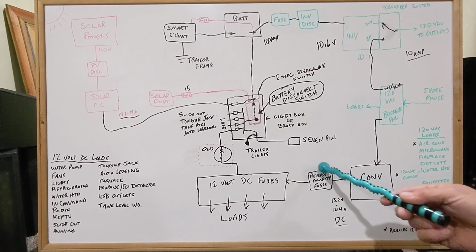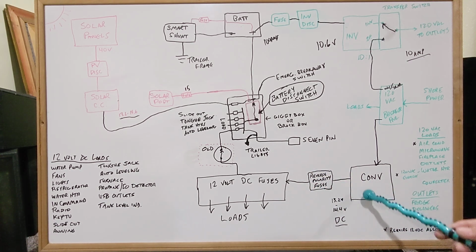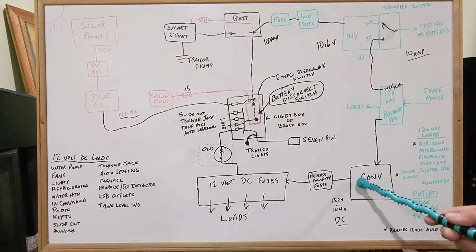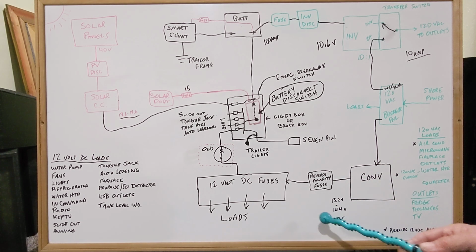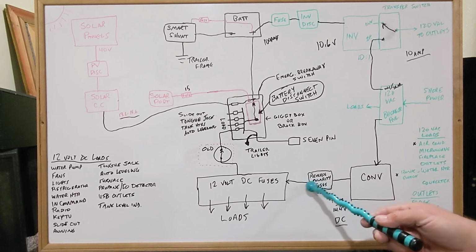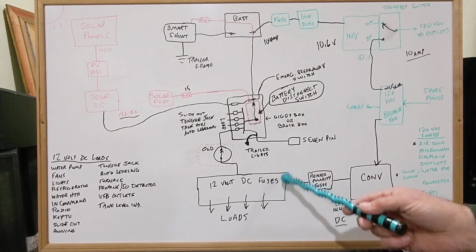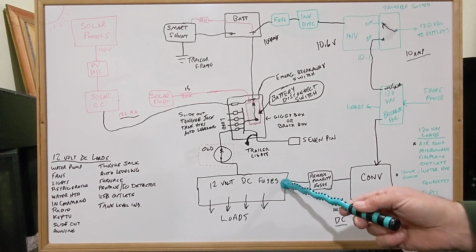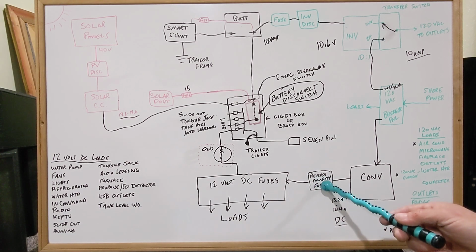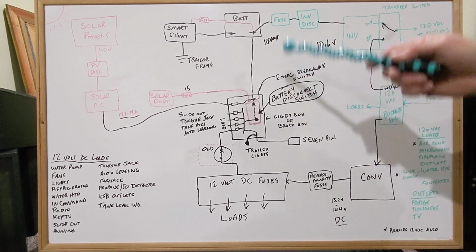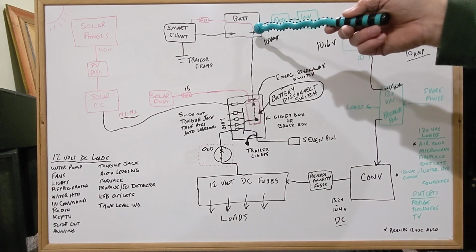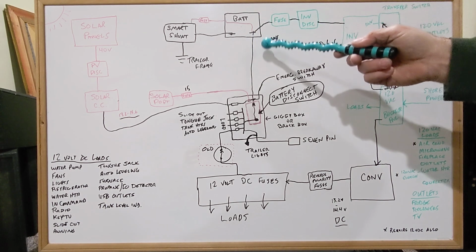And it goes through some reverse polarity fuses. On the 50 amp trailers with the separate converter, those fuses are right on the converter. On the 30 amp trailers, those reverse polarity fuses are on the fuse panel, 2 red 40 amp fuses you'll see. Those fuses are there to protect the converter from reverse polarity. So if you hook up your battery backwards, even for a second, it's almost like a short circuit.